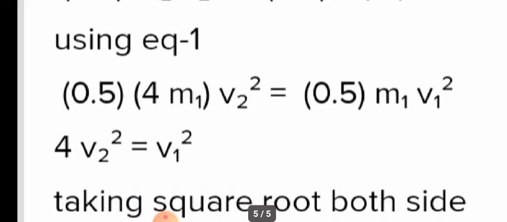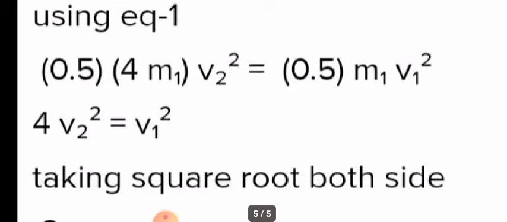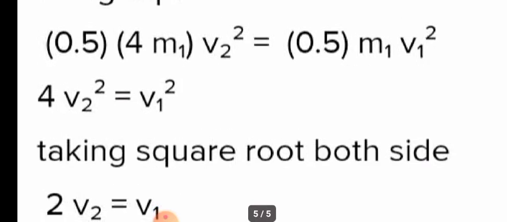So, when you substitute all these values, when you do the operations, what will come? 0.5 and 0.5 can be cancelled. Similarly, m1 can also be cancelled. Okay, so what will be the remaining? 4 v2 square is equal to v1 square. So 4 v2 square equal to v1 square.